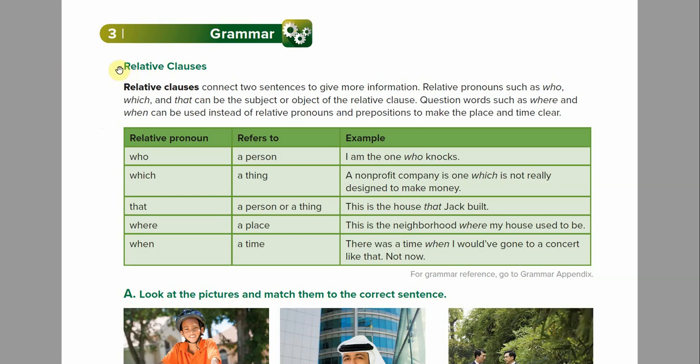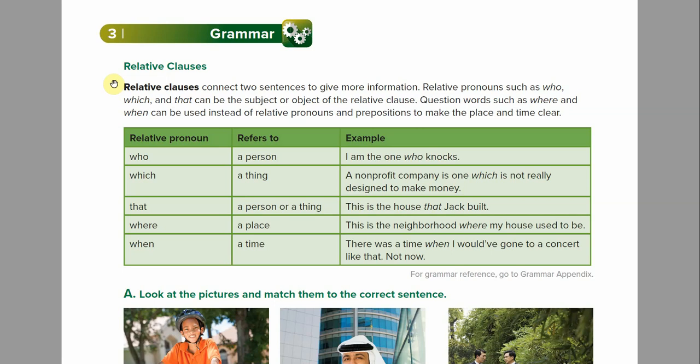Our grammar topic is relative clauses, and we're going to learn how to join two sentences together to give more information about something in the sentence. So, relative clauses connect two sentences to give more information.